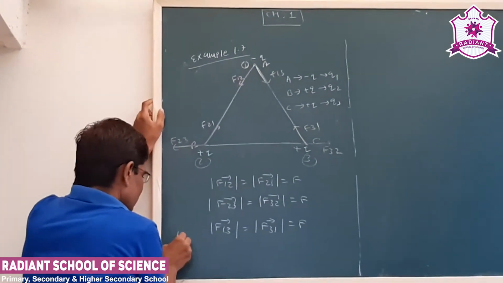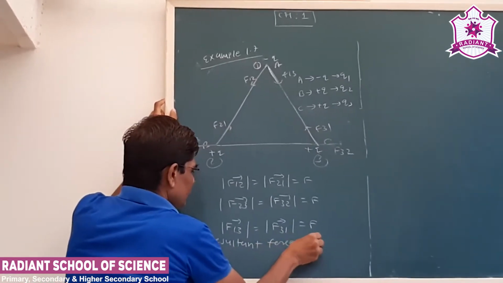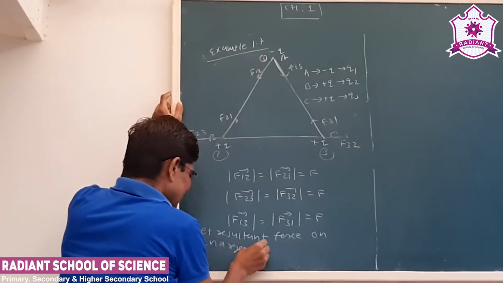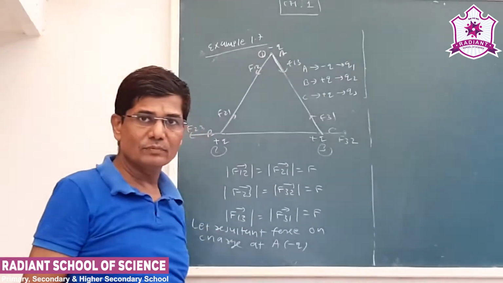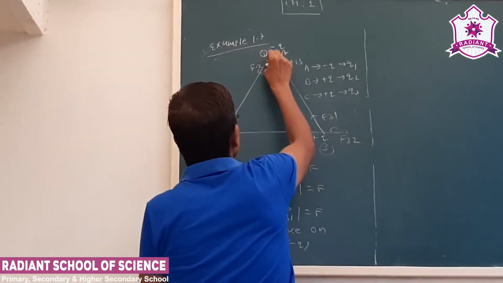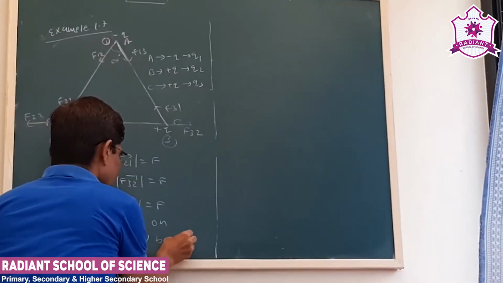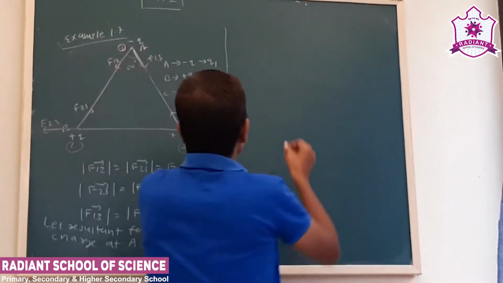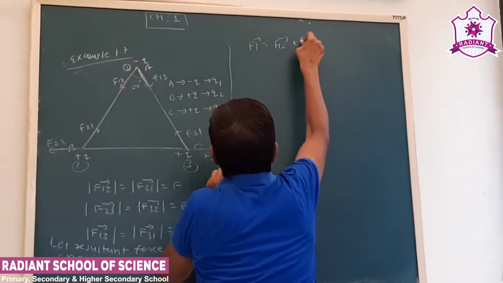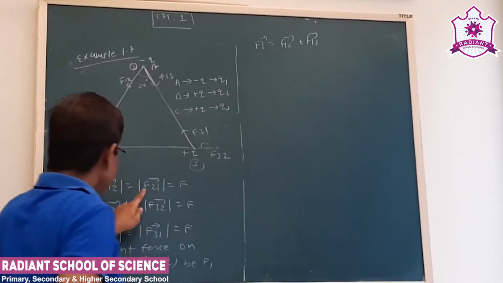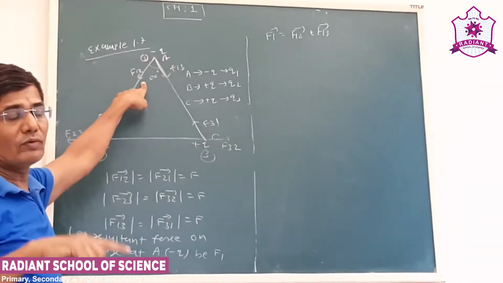Now let the resultant force on the charge at A, that is minus Q. These are two vectors of the same magnitude. In an equilateral triangle, we know the angle is 60 degrees. We know all are of the same magnitude, but force being a vector quantity, we have to find the resultant.